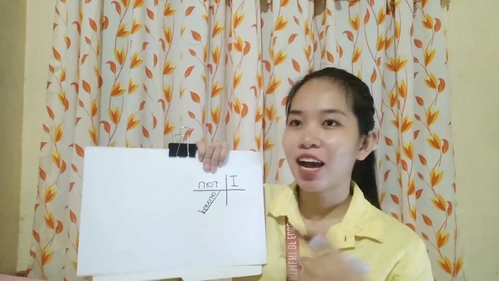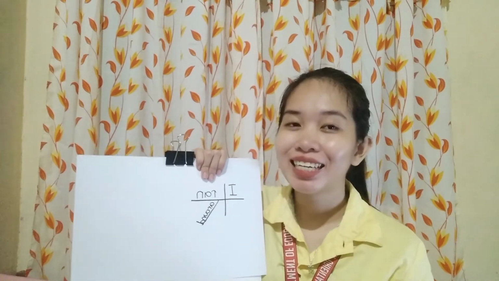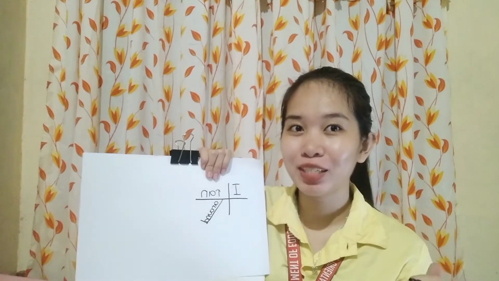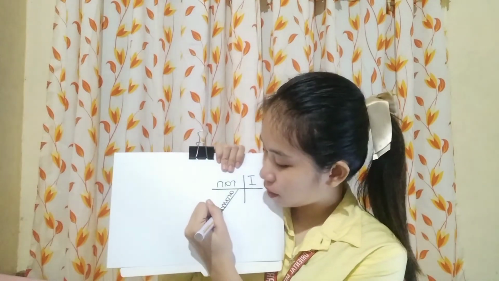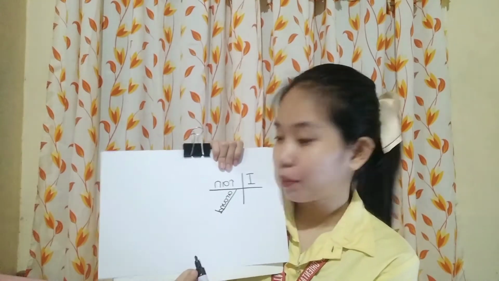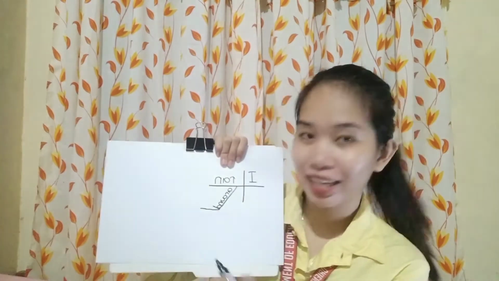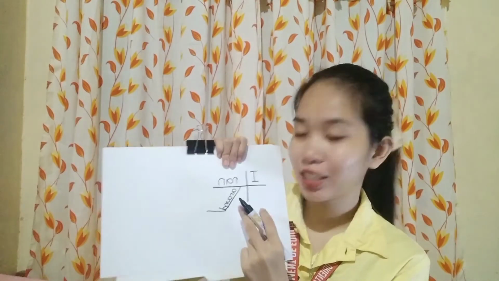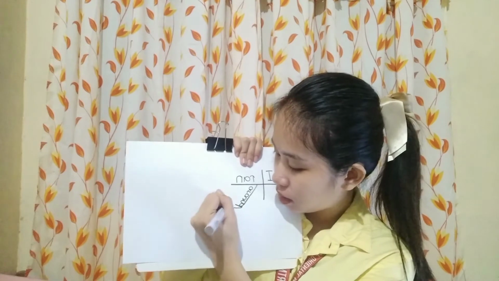In the sentence, I ran around the absolutely beautiful city, city is the object of the preposition and the others are the modifiers. So we will write the object of the preposition on this horizontal line that is connected to this slanted line, and we will write the word city.